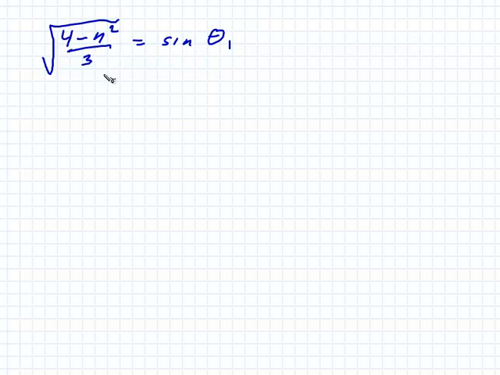Okay, from this we can evaluate theta 1. This would be the angle theta 1 that would give us 0 for the derivative. So this would give us our maximum deflection. That's really not what we're looking for. We want to find the maximum deflection, but this is the step along the way. Okay, what we need is a value for n.